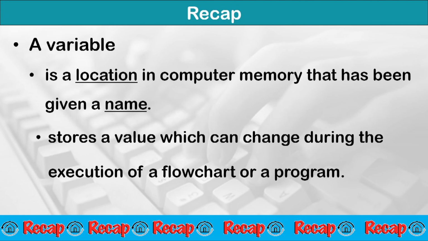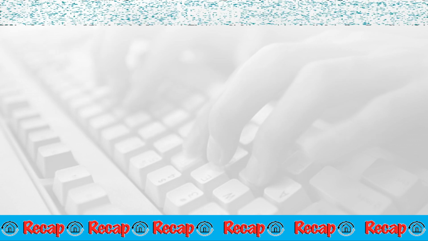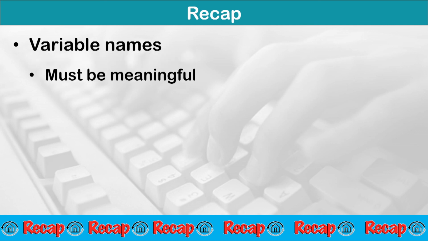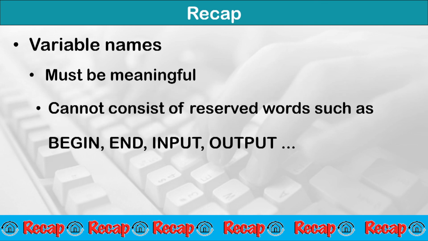A variable stores a value which can change during the execution of a flowchart or a program. We also learned that variable names must be meaningful and that they cannot consist of reserved words such as begin, end, input or output.